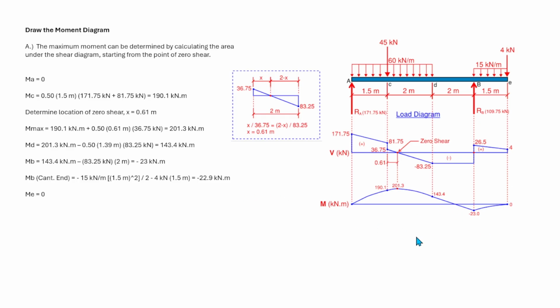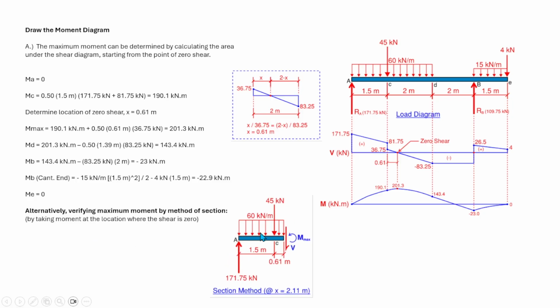The other way of determining the maximum moment, guys, is what we call the section method. This is an alternative way to determine the maximum moment. If we cut the section here where the shear is 0, that is always the location of our maximum moment.